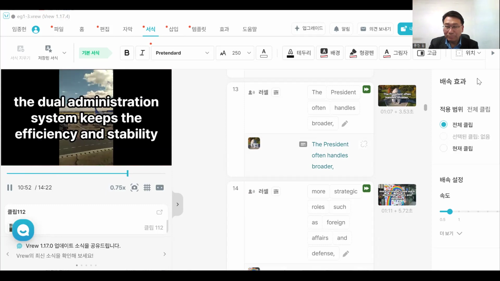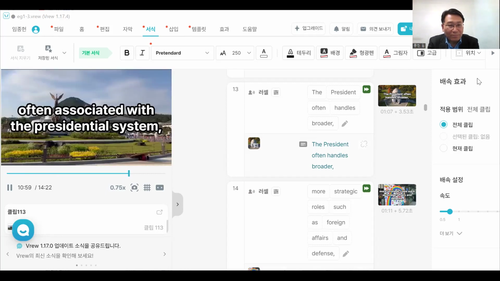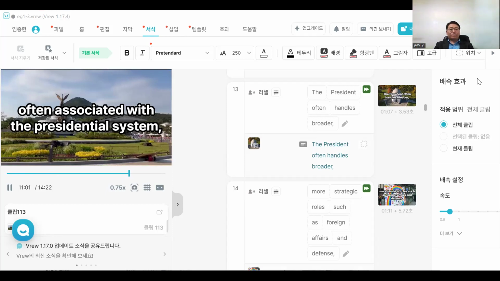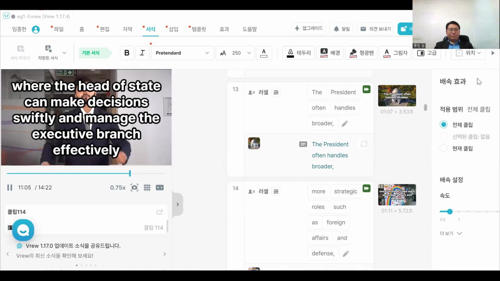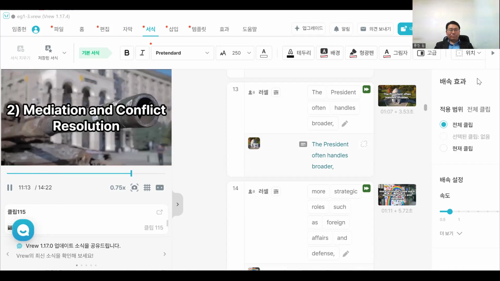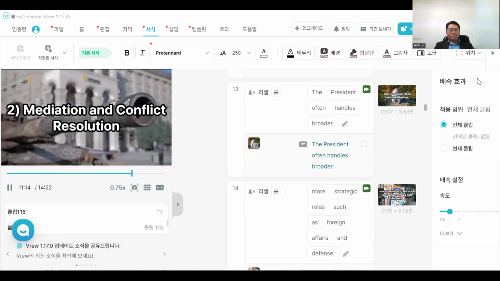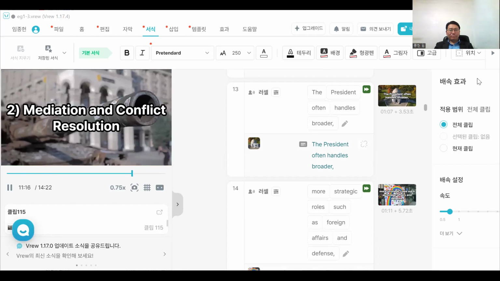The dual administration system keeps the efficiency and stability often associated with the presidential system, where the head of state can make decisions swiftly and manage the executive branch effectively. 2. Mediation and conflict resolution.